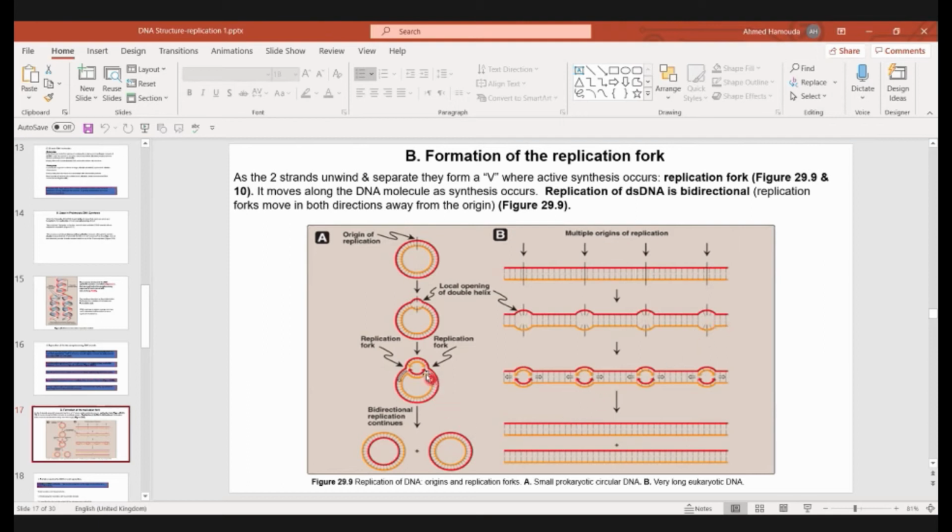And this site, when it's open, is called the replication fork. This is the replication fork, and it is bidirectional. What does it mean by direction? It means it goes in both sides. One side here is opening and one side is here. And then you have two daughter cells with two replicated DNAs. The same on the right side for a human. The only difference is you have many origins of replication.